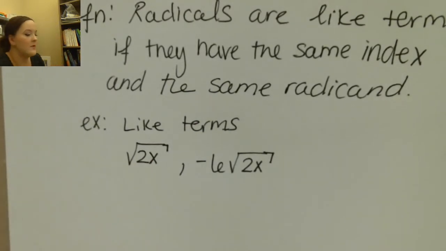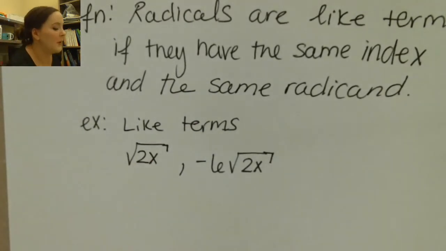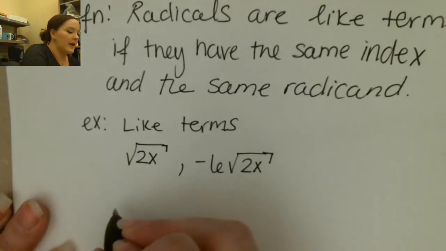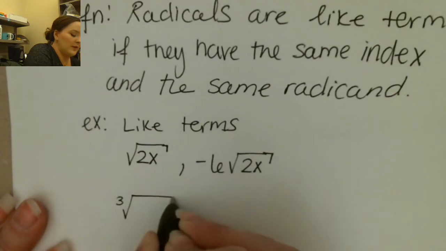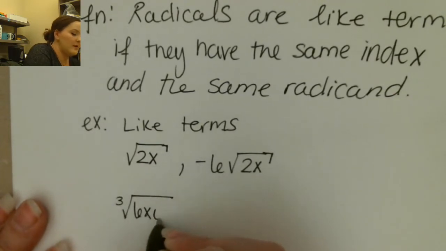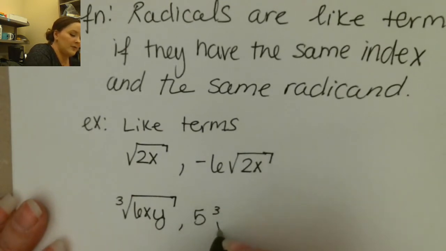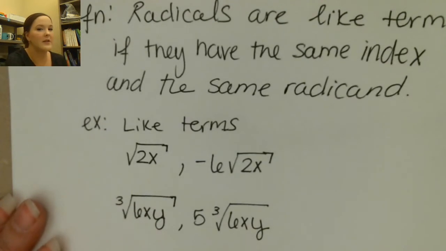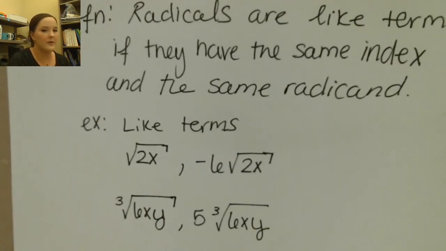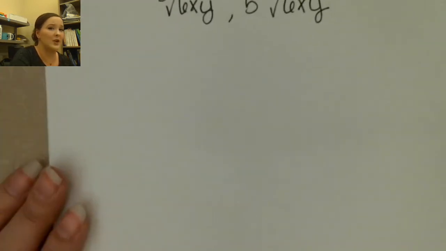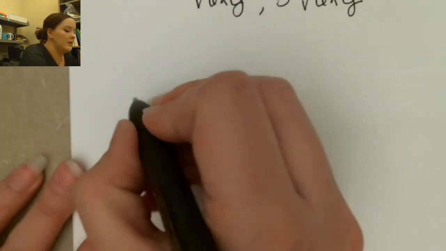They're both square roots, okay, and they also both have the radicand 2x. Okay, you might have something like cube root of 6xy, okay, and then 5 cube root of 6xy, okay. So these are like terms. So let's look at some examples of things that are not like terms, okay.